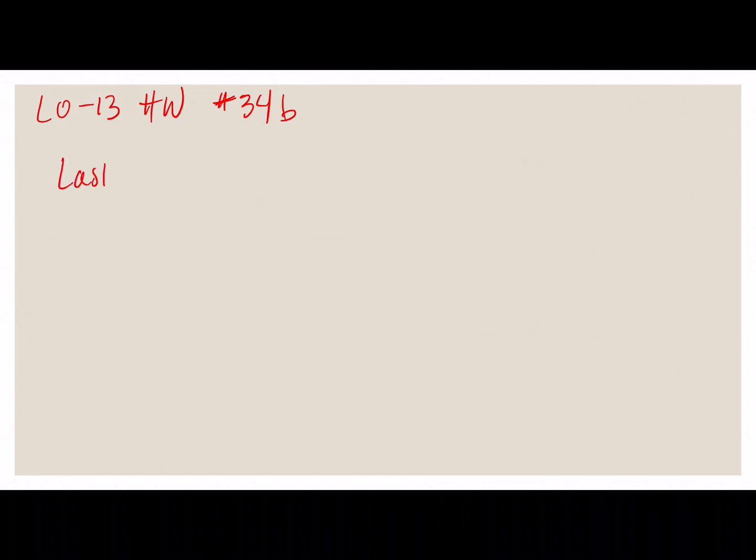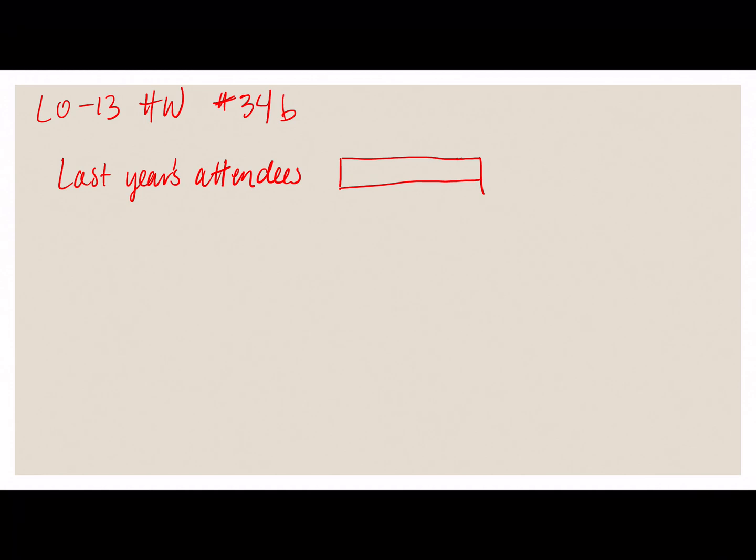So last year's attendees are related to 3 units. Let's try to make this part a bit better. Okay, 3 units. Okay, that's last year's attendees. And it says in the problem that that is 3,450 students. This year's attendees is the second part.